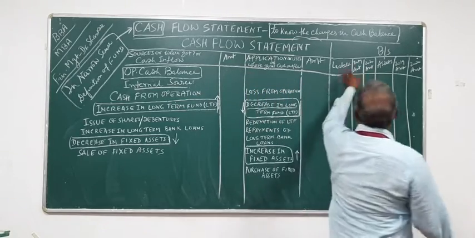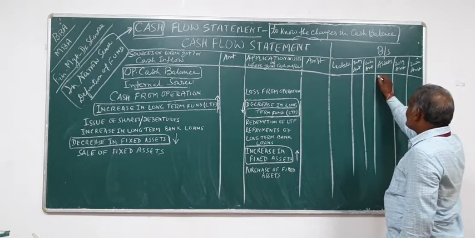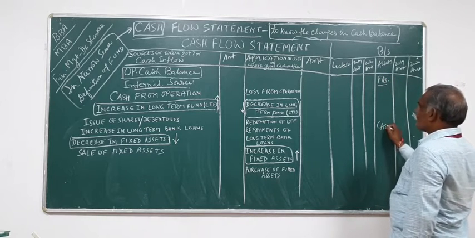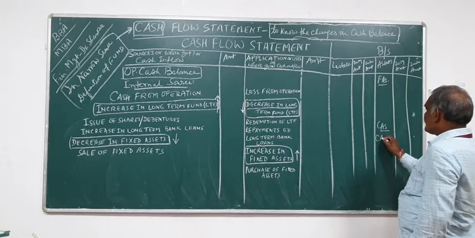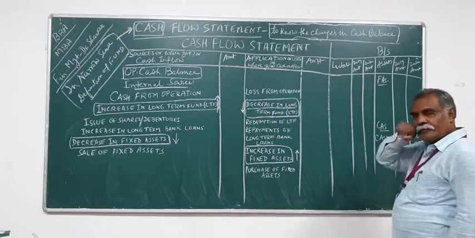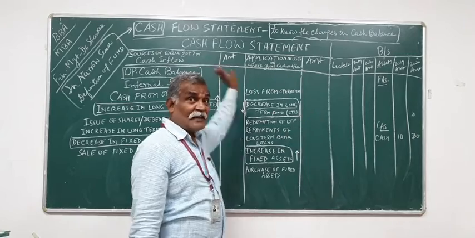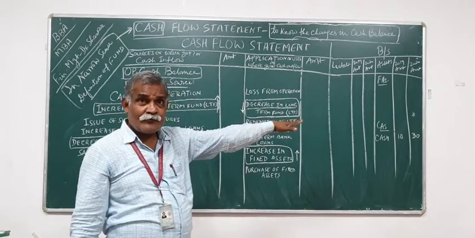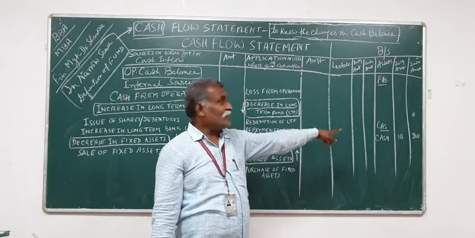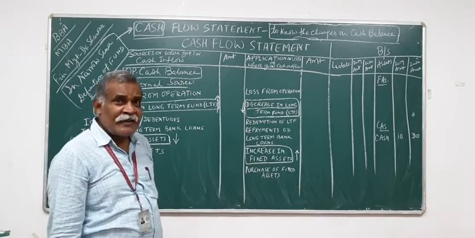So, suppose this is your balance sheet. This is the figure of 2019 and 20. Suppose this is fixed assets. This is current assets. This is cash. Cash is 10 and 30. Because you have to prepare this cash flow statement with the help of this balance sheet. And this is your cash in your balance sheet, 10 and 30. So which amount you want to consider here, opening cash balance? 30 or 10?